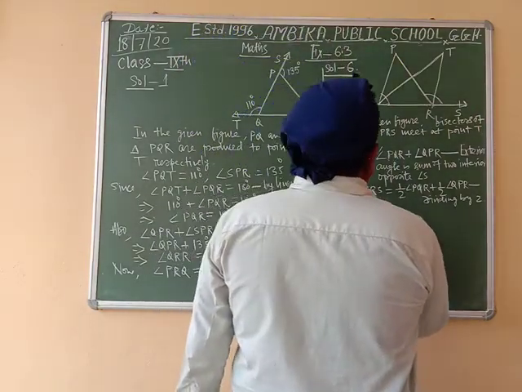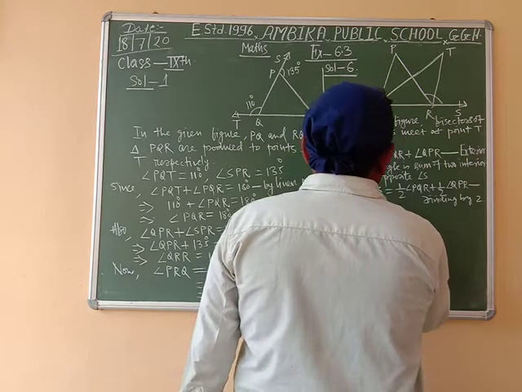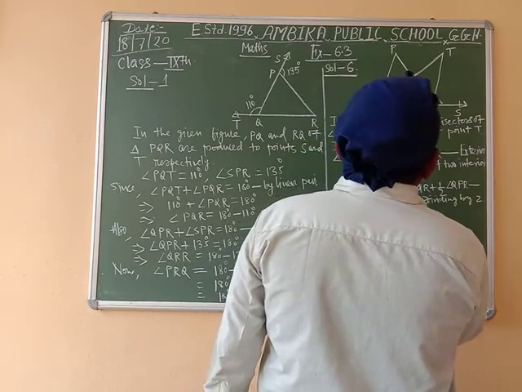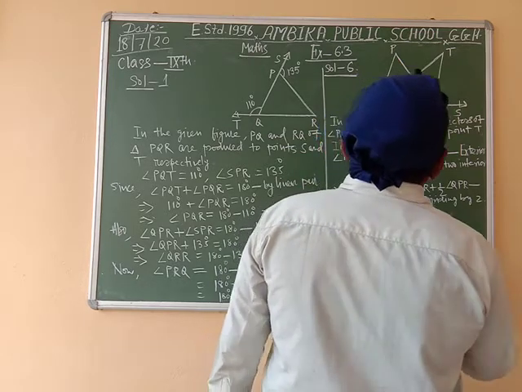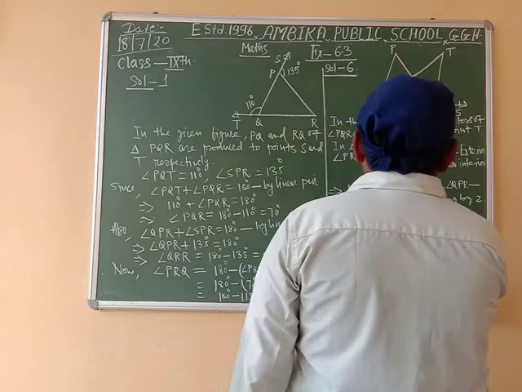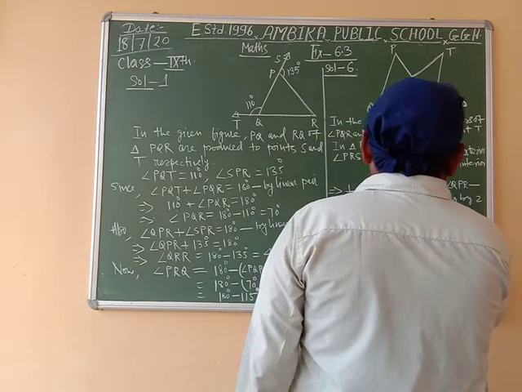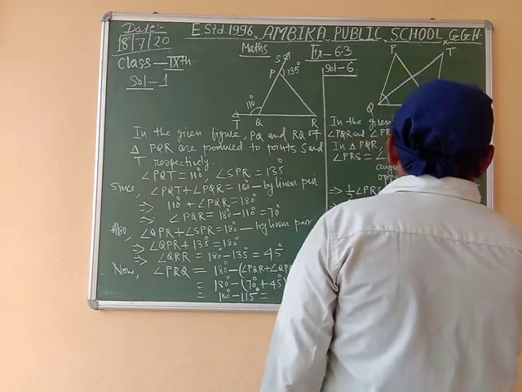Angle TRS is equal to 1/2 angle PQR, which is angle TQR, plus 1/2 angle QPR.